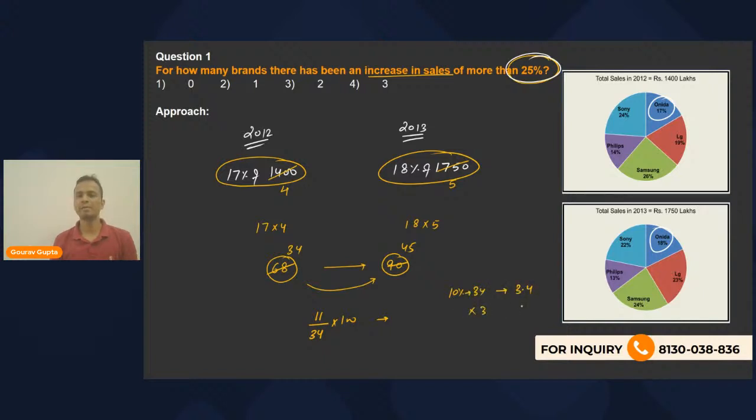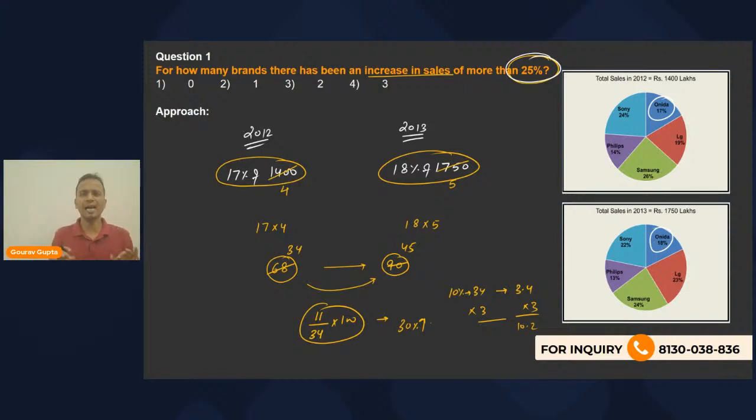When this is multiplied by 3, I'll get 10.2. So I can say that this value or this calculation is more than 30%. Okay, or simply more than 25%, as 25% of 34 is 8 point something, or 8.5 to be precise. So 11 definitely is more than 25%, right?